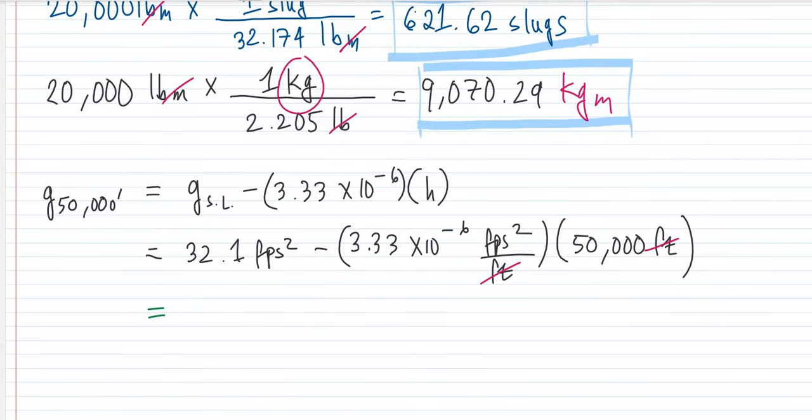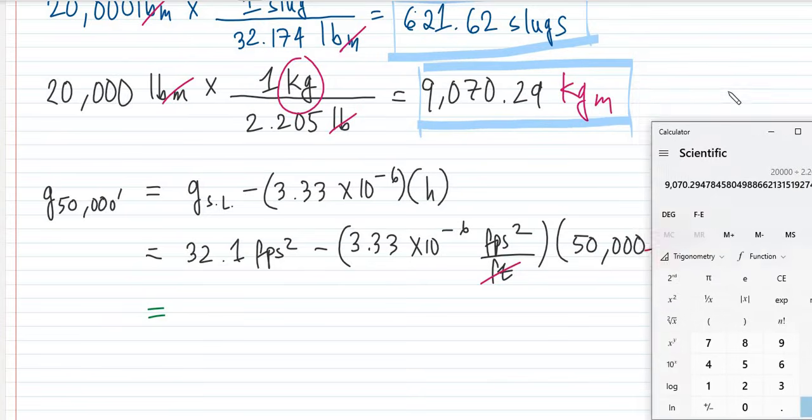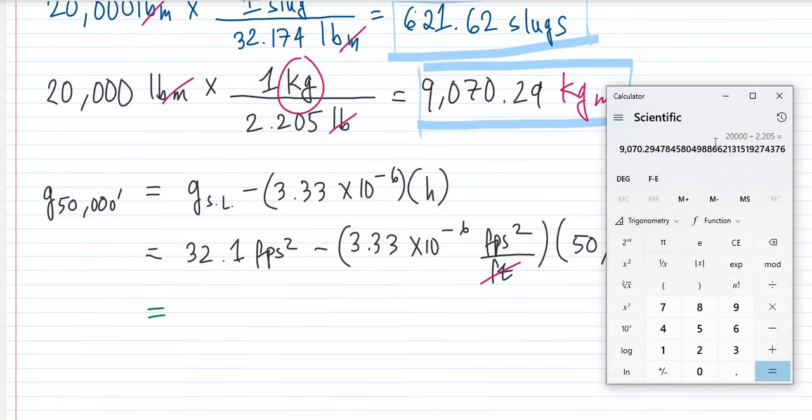So let's go ahead and get our calculator. So we have 32.1 minus 3.33 exponent negative 6 times 50,000. Okay, I made a mistake here, so let me write that again.